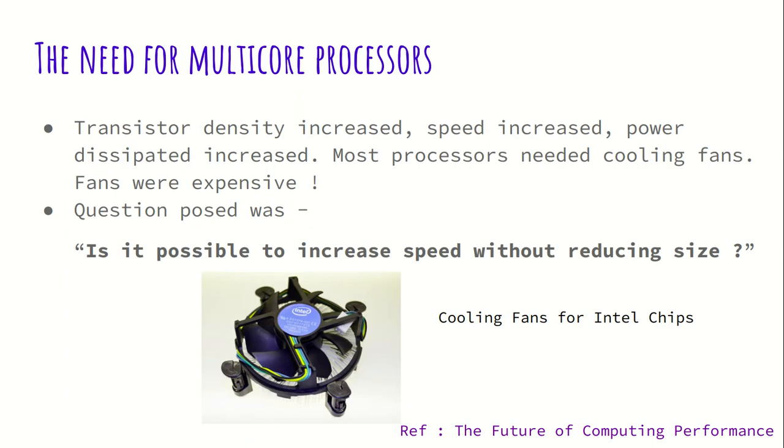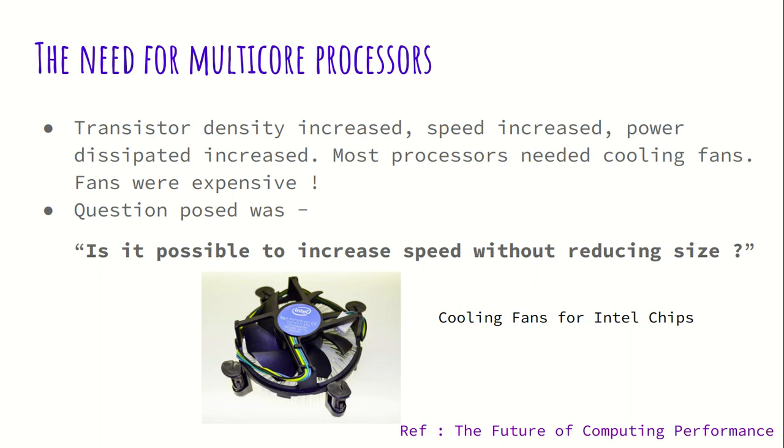Moving forward, up to the start of the 21st century, single core processor performance was being improved upon as a result of increasing transistor density on the die. However, as speed of the transistor increased, their power consumption also increased. Most of the power consumed by a transistor is dissipated as heat, which required increased capacity of cooling fans, and it was expensive.